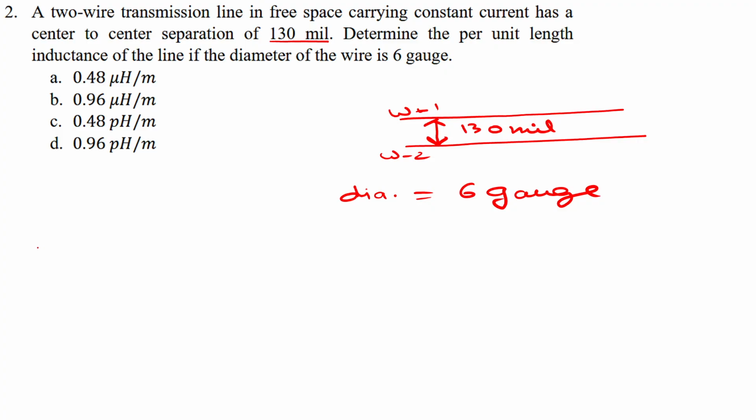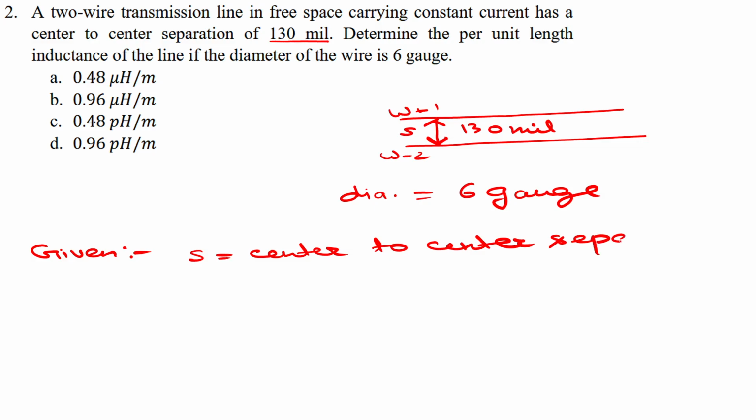So I will just write down what is given in the problem. We will denote this as S. So S is the center to center separation. In the problem it is given as 130 mils.